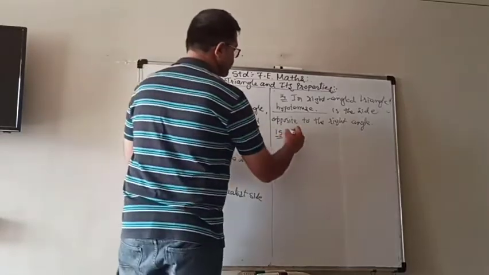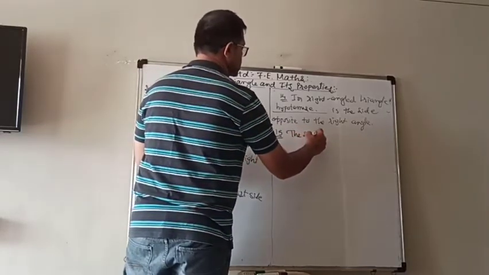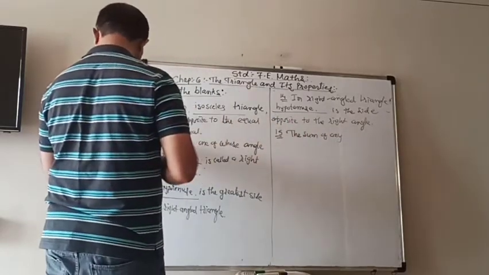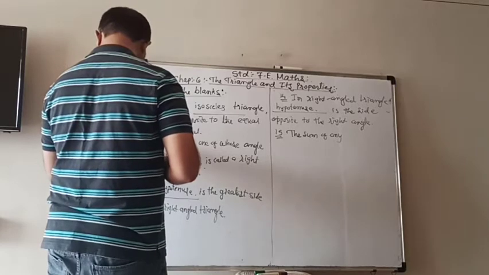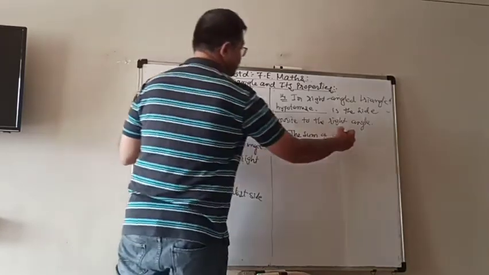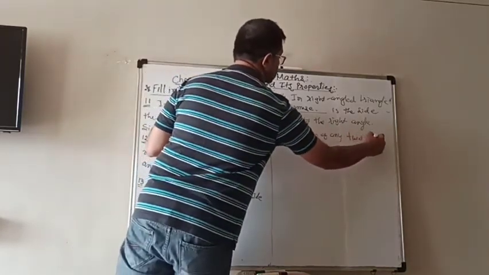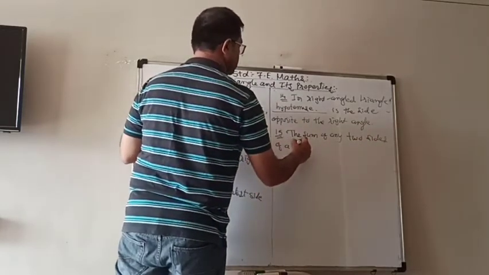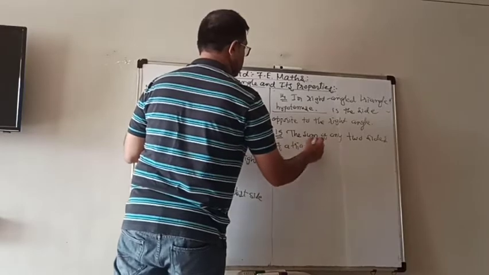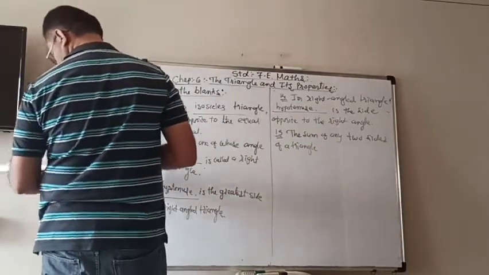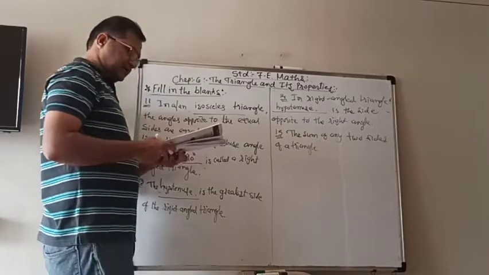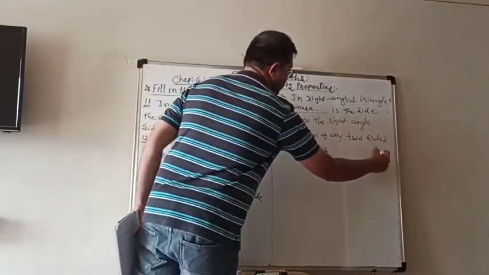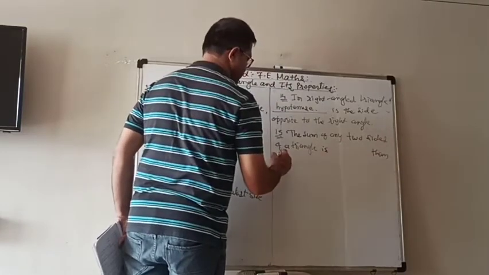The sum of any two sides of a triangle is dash than the third side.